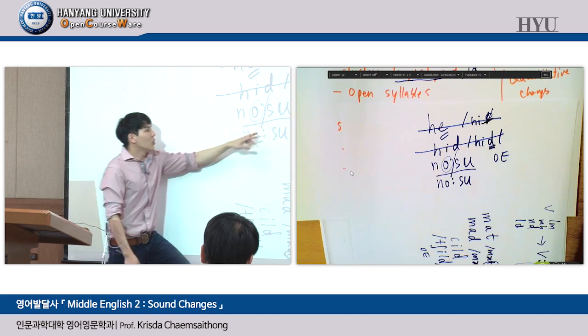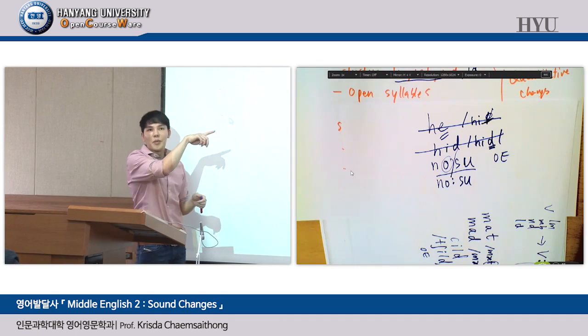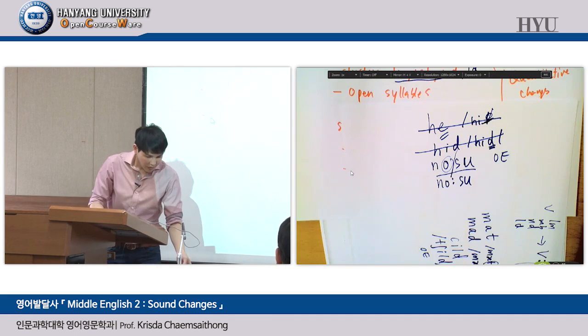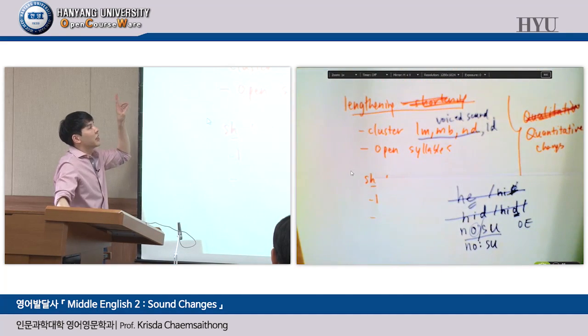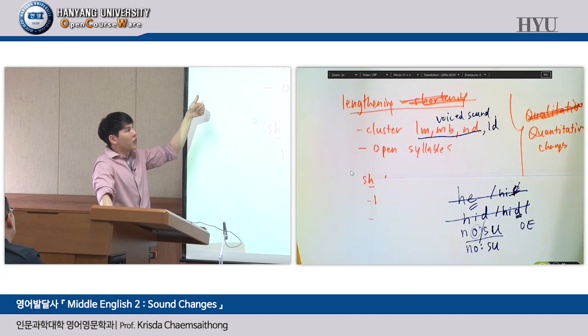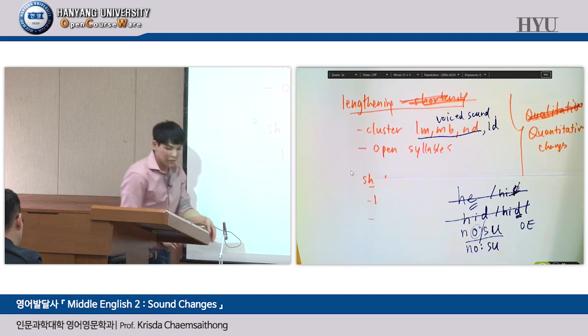U is not lengthened because in this case, remember, it's an unstressed syllable. So, okay, there are 2 scenarios under lengthening. You lengthen it before a voiced cluster and you lengthen it before an open syllable.